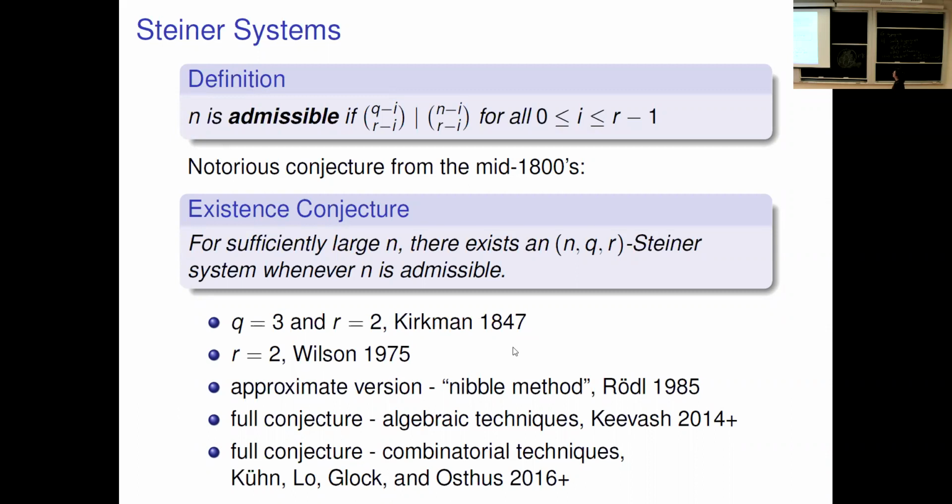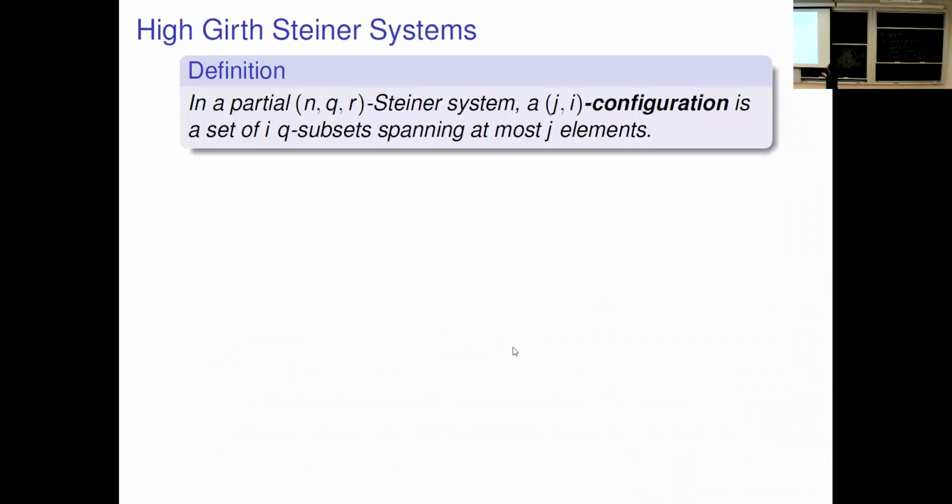Well, there was this other conjecture about triple systems. So in general, if we have a partial Steiner system, we are going to find a (j, i) configuration as i q-subsets spanning at most j elements. So again, we're thinking of these as vertices and these as hyperedges.